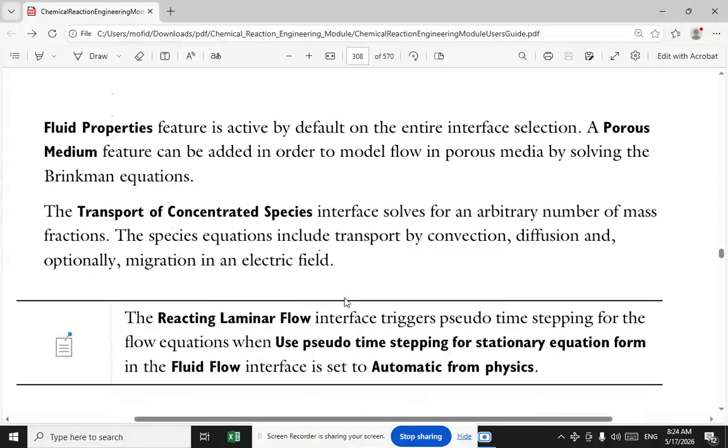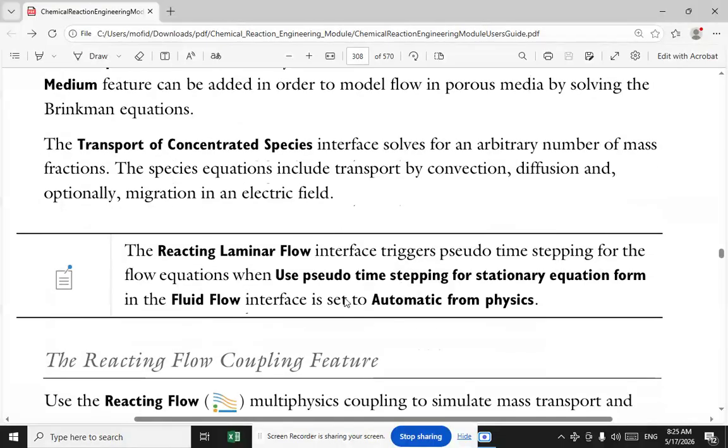A fluid properties feature is active by default on the entire interface selection. A porous medium feature can be added in order to model flow in a porous medium by solving the Brinkman equations. The transport of concentrated species interface solves for an arbitrary number of mass fractions. The species equations include transport by convection, diffusion, and optionally migration in an electric field.